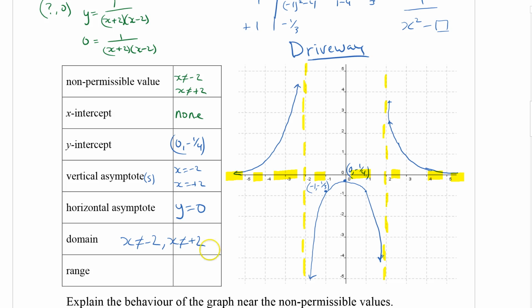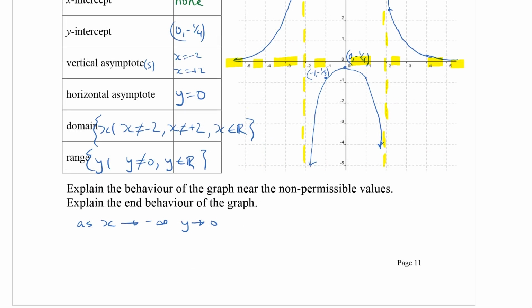Otherwise it's all real numbers. Okay, and there's my domain. How about for my range? Here my y values can be anything except for 0. So I say y is not equal to 0, but y otherwise can be any of the real numbers. And I'll make it look a bit more like set notation like that.